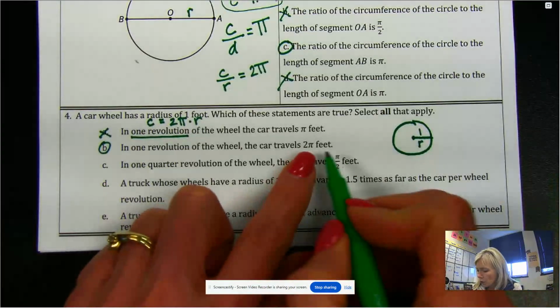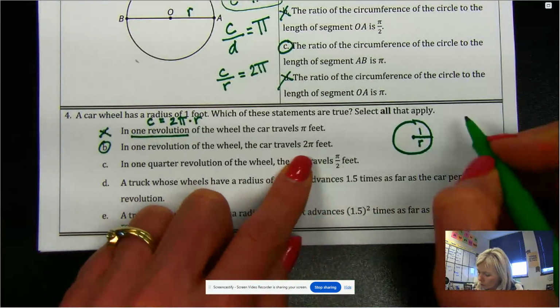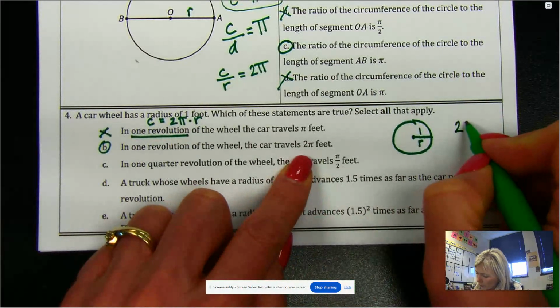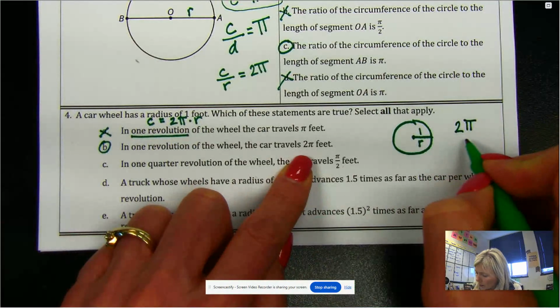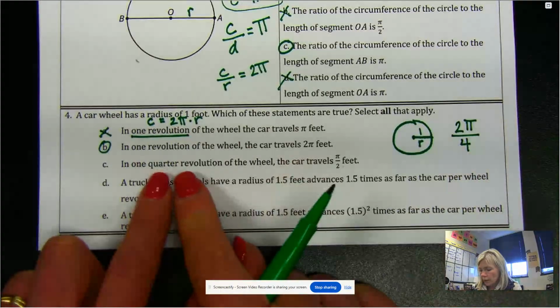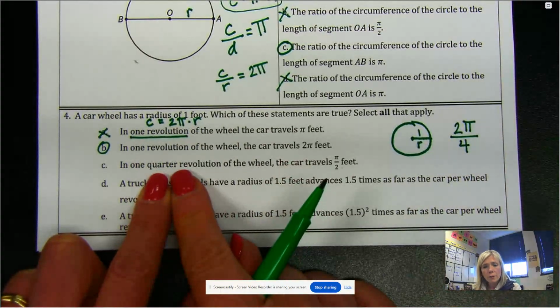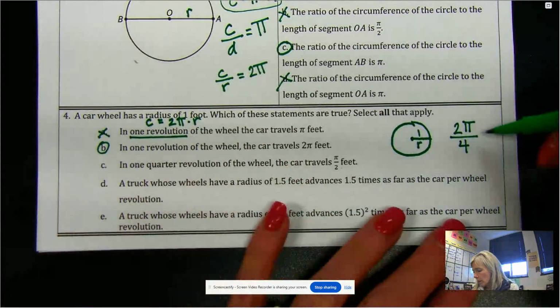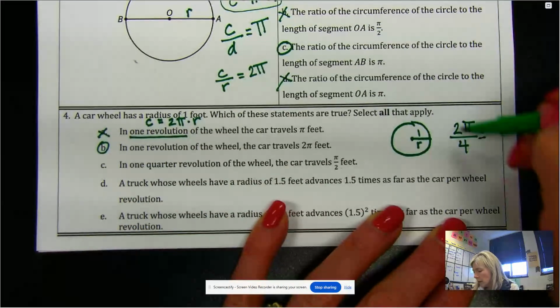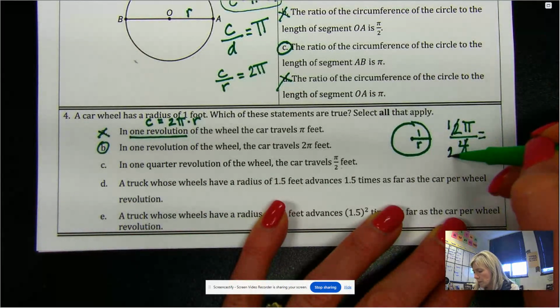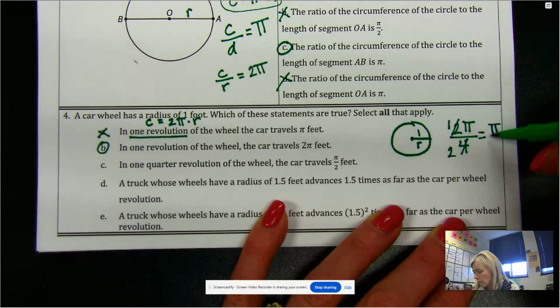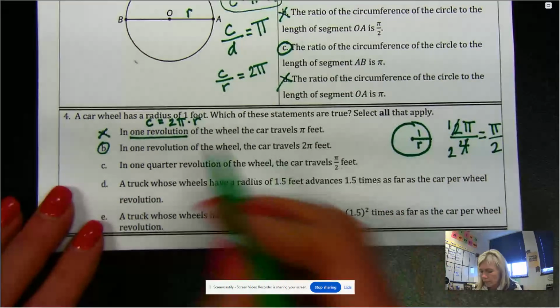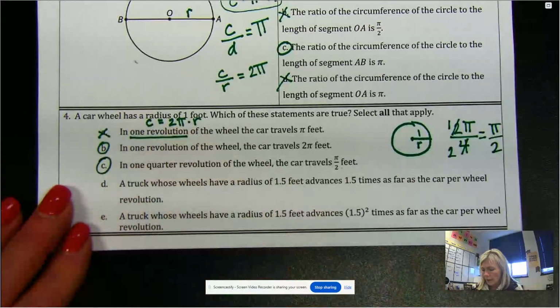So we know it's 2 pi in a full revolution, but let's divide it by 4 because we want to know 1/4 of a revolution. And so I can simplify this. 2 goes into itself once and into 4 twice, and I do get pi over 2. So looks like C is a yes.